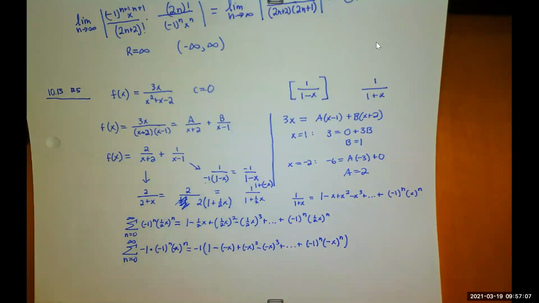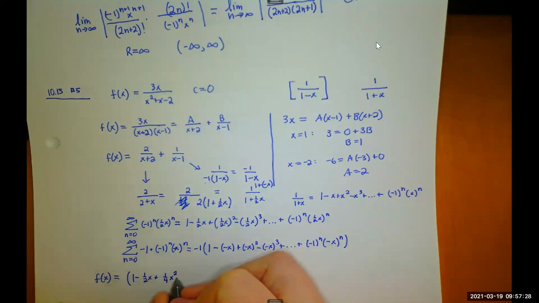So I forgot what the question is asking. I got so far into the weeds. It says write a power series. Okay. So what I have for f of x is 2 power series. I have, for the first one, 2 divided by x plus 2, 1 minus 1/2 x plus 1/4 x squared minus 1/8 x cubed, on and on forever and ever.